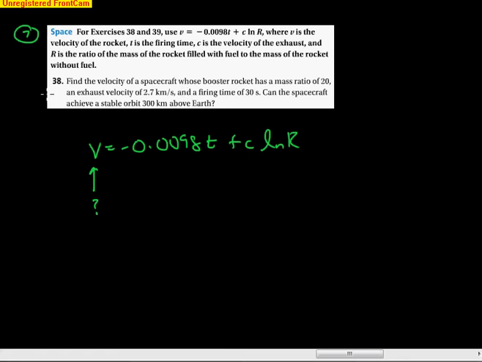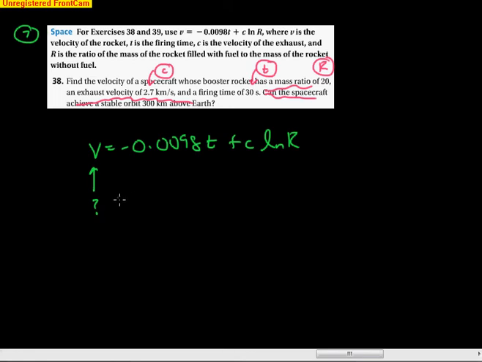If your booster rocket has a mass ratio of 20, so there's my r, an exhaust velocity of 2.7, so there's my c, and a firing time of 30 seconds, there's my t. So this, and we're going to ignore the last part. So this is simply just a plug-in, and can you put it in the calculator? All right.